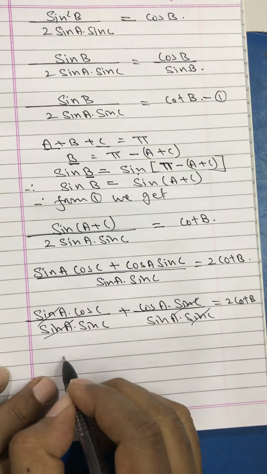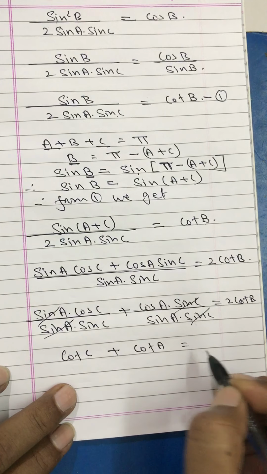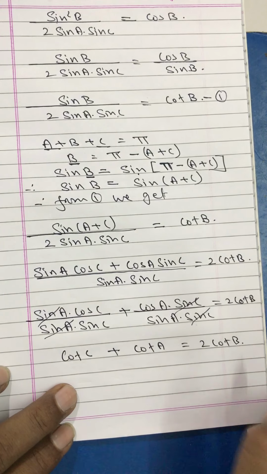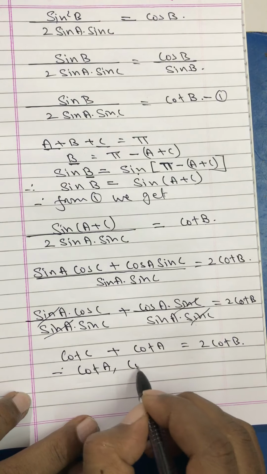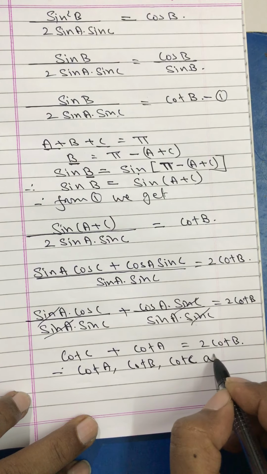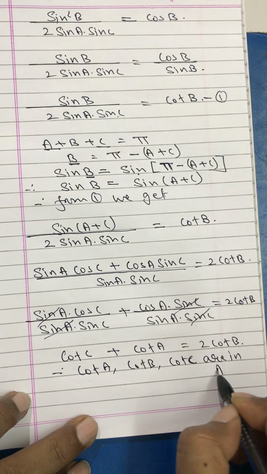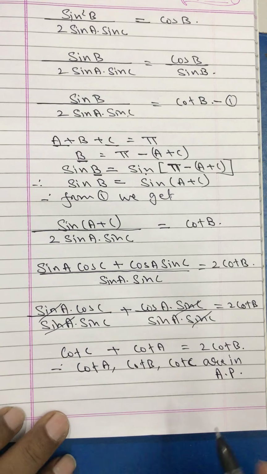So what I get over here is cot C plus cot A is equal to 2 cot B. So therefore, cot A, cot B, cot C are in arithmetic progression. Proved.